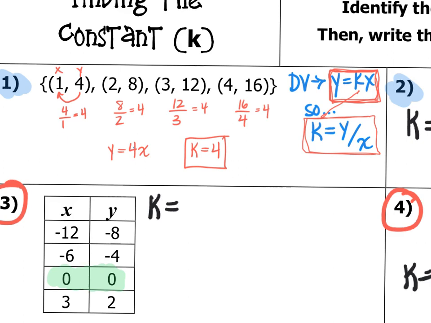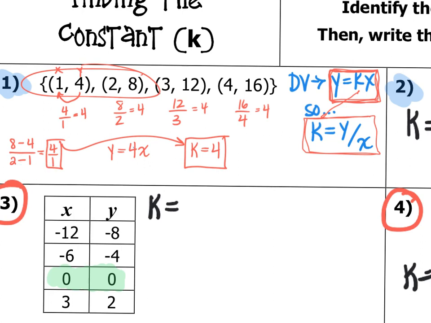Can we find the slope in a regular fashion? Of course you can. So let's take these two ordered pairs, y minus y over x minus x. That gives us 4 over 1, and that is our slope, or our K. So whether you want to find the slope, or whether you want to find the constant of variation, which is the slope, using y minus y over x minus x, you could do that.